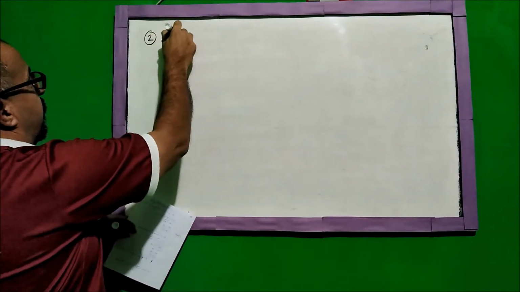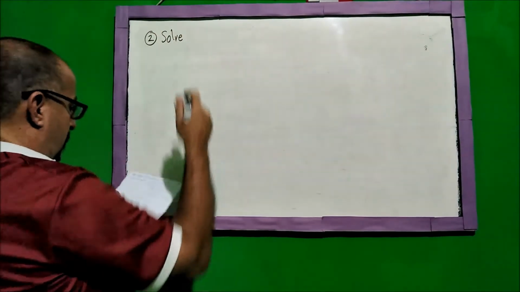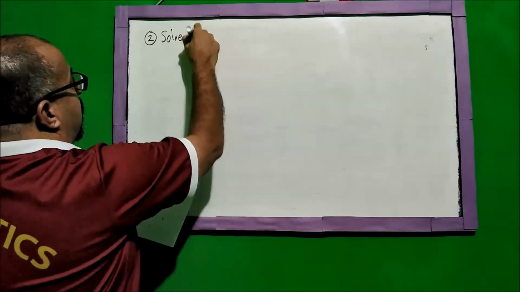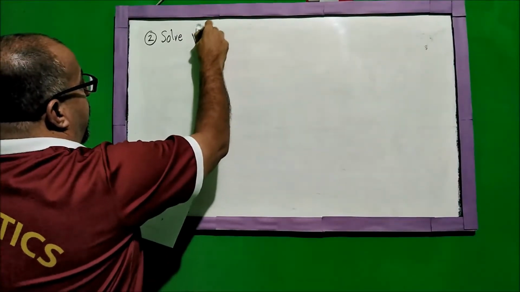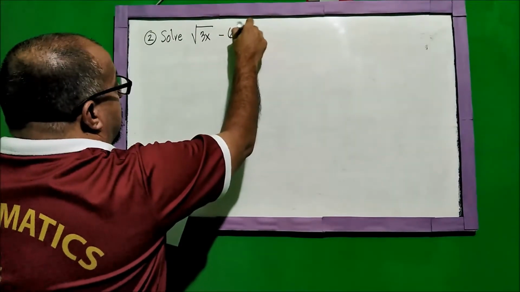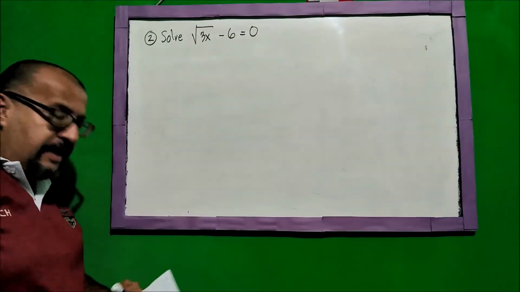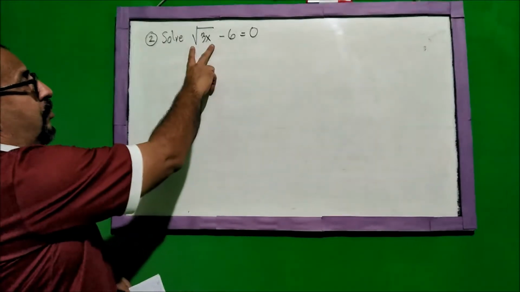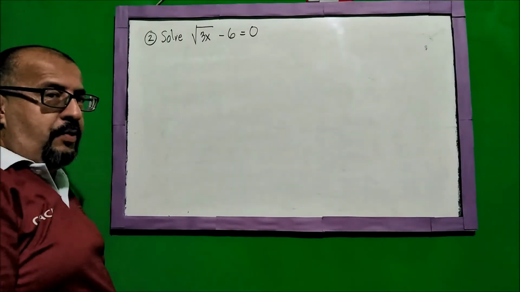Example number 2. Let's solve the following equation. Square root of 3x minus 6 equals 0. As you can see in this problem, the square root is not alone on the side of the equation.